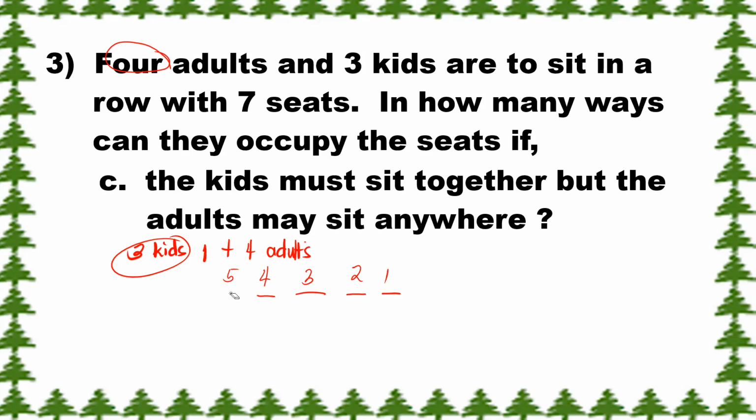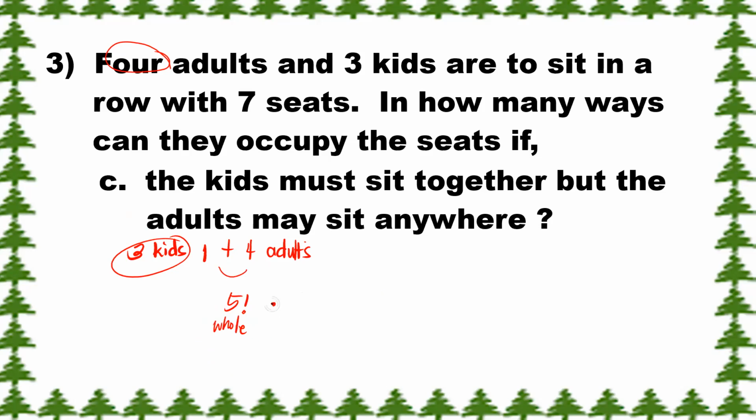Or simply, what we can do here is we can represent it as 5 factorial. So this is their whole as a whole. Kasama yung kids and the adults.